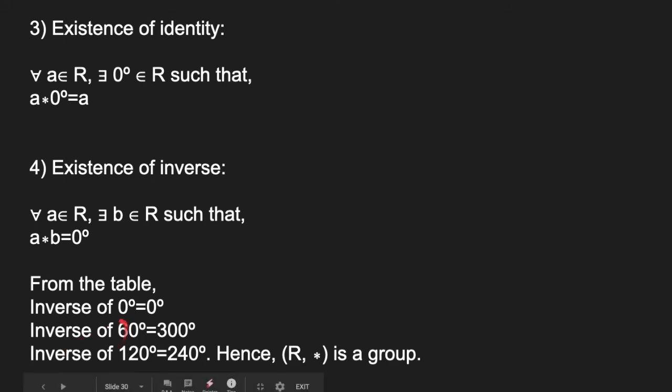So here 120 degree star 240 is 360, and that is 0 degree. So it is very easy to understand. So hence R star is a group. Here we need to check only for group, so only 4 conditions are there. Okay, thank you very much.